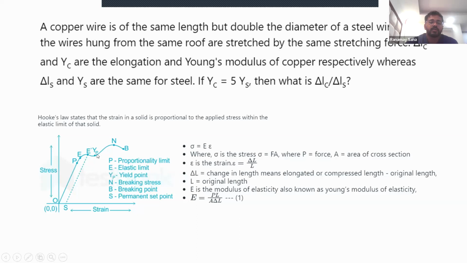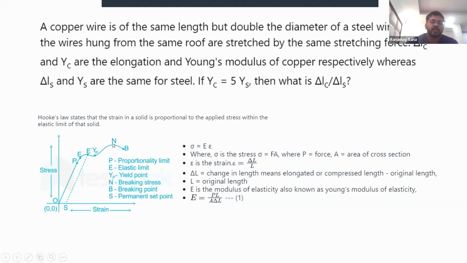Then you have strain hardening coming into action, and your stress increases much more compared to your strain, so you are able to load the material to a larger extent as compared to the corresponding deformation.